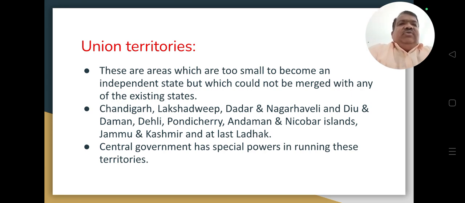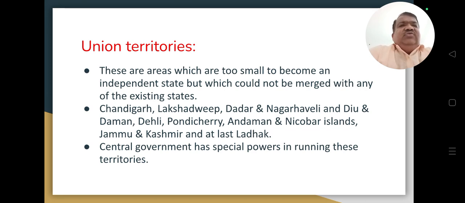And some of the regions are such that they are too small to become an independent state, but could not be merged with any other existing states. They are too big to merge with other states, or too small to make a separate state. Such territories are called union territories.